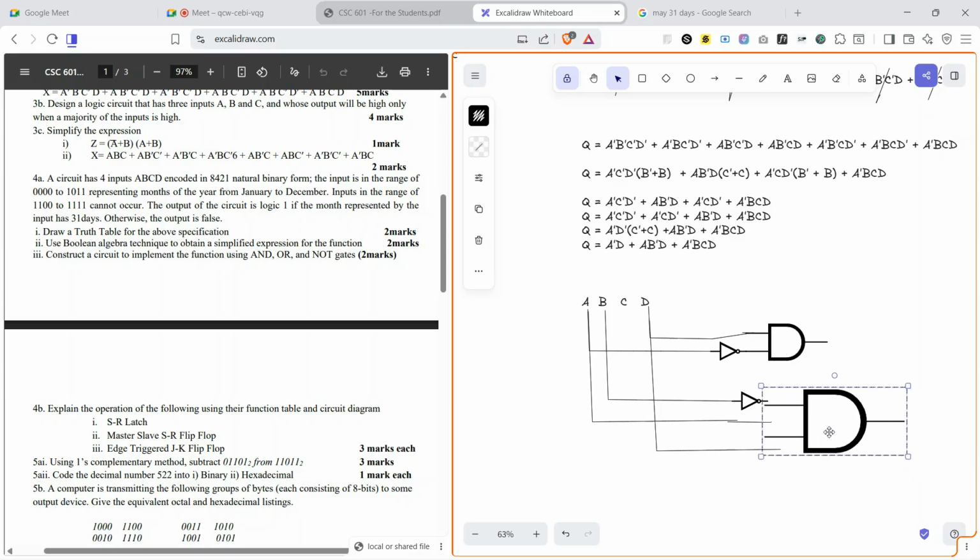The AND that I have here has two inputs, but the way it's supposed to be is the three inputs go into this AND.